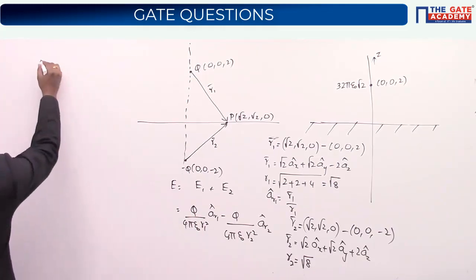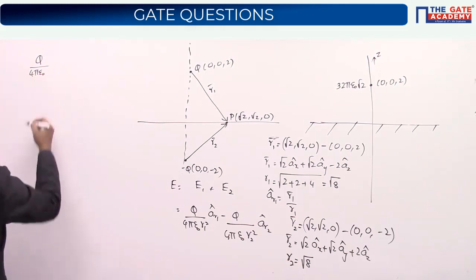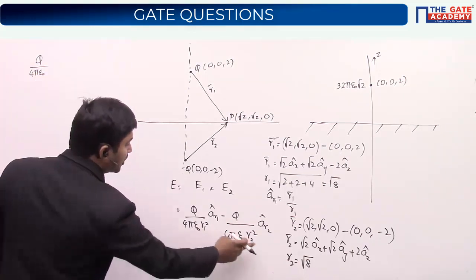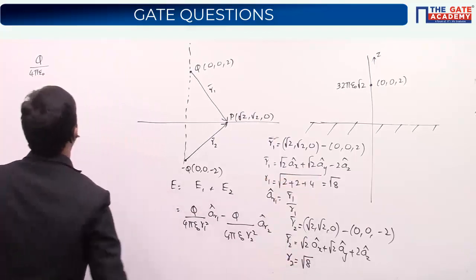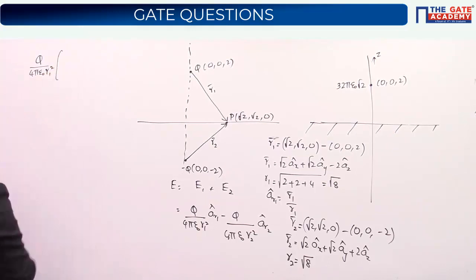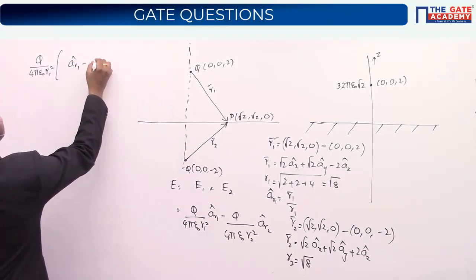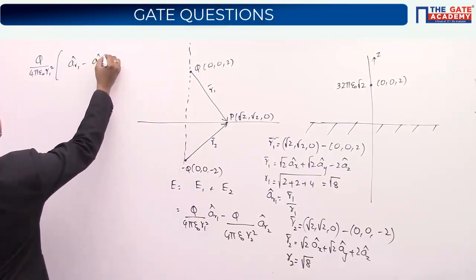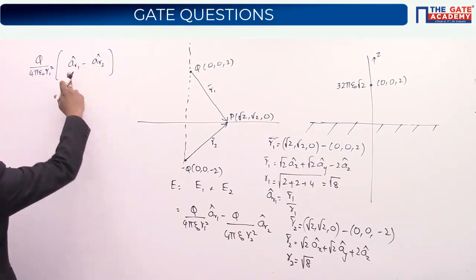Q is common, and 4 pi epsilon naught is common. In fact, R1 and R2 are also common, because R1 is root 8 and the same is that of R2. So I can take that also as common, and what you are left with is nothing but AR1 cap minus AR2 cap. So what is AR1 cap?